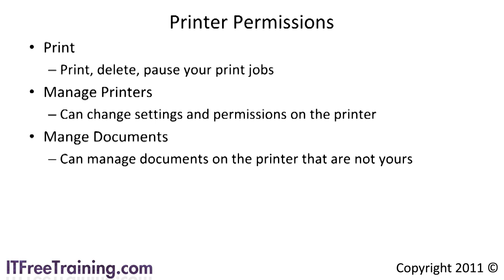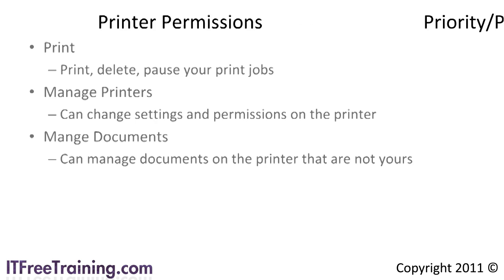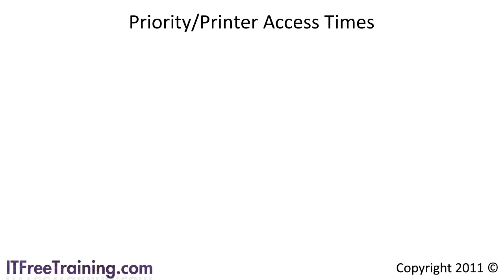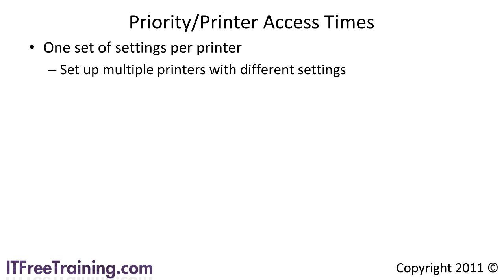If you want more control over the time jobs are printed and the order, you can set times when the printers are available and also the priority. Remember that one printer has only one set of settings. To get different settings, set up multiple printers with the settings that you require. In some cases, you will want to set up priorities on the printers.